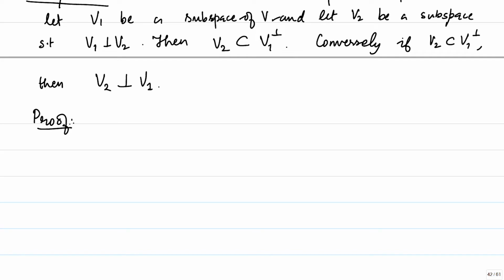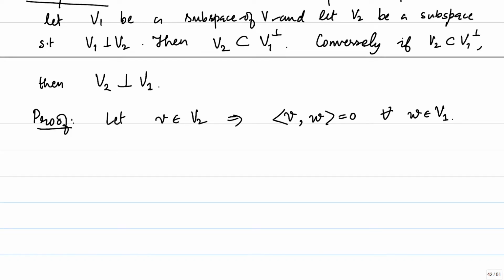So, let us try to prove that if V2 is orthogonal to V1, then it is contained in the orthogonal complement. So, let v be a vector in V2, but this implies that the inner product of v with w is equal to 0 for all w in V1.